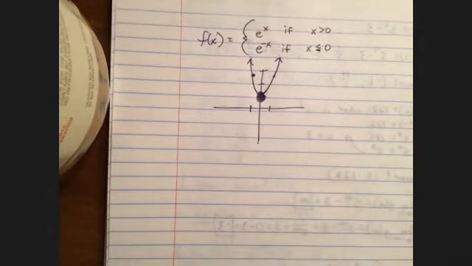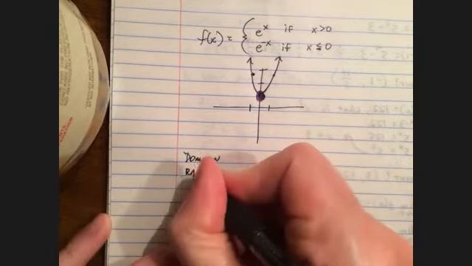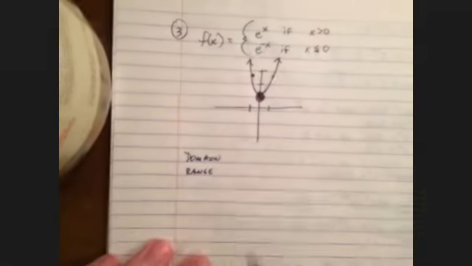So there's our piecewise. I'm trying to remember what exactly I was having you do: domain, range, horizontal asymptote. And this is number 3, by the way, mixed practice.